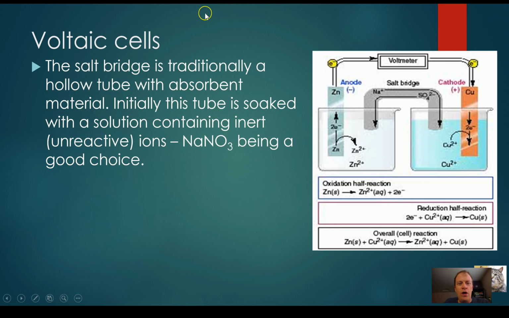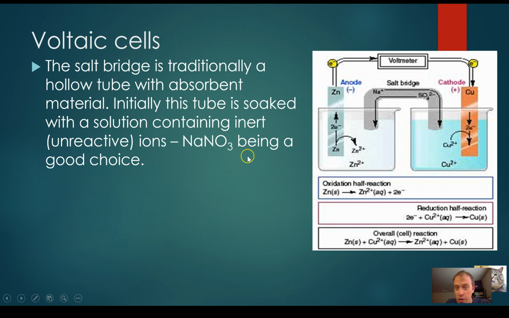What is the salt bridge? Traditionally it's a tube with some kind of absorbent porous material in it, and you need some kind of electricity-conducting compound in it to get things going. For the same logic we talked about before, you want something quite unreactive, like sodium nitrate, which is a great choice. Sodium ions and nitrate ions are super stable and react with almost nothing.